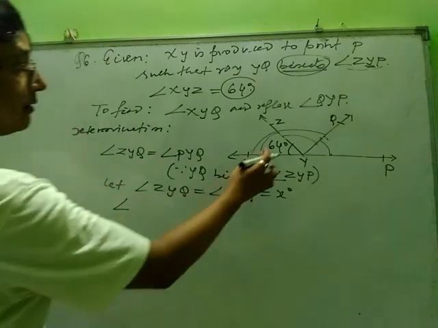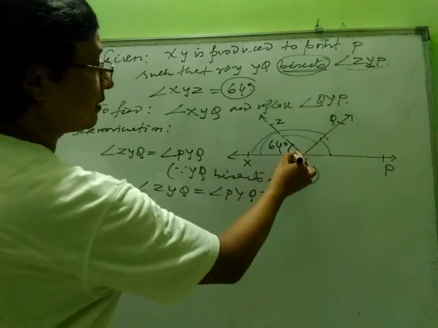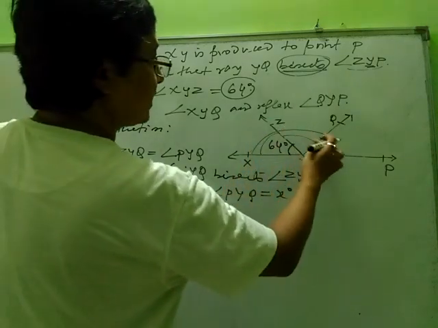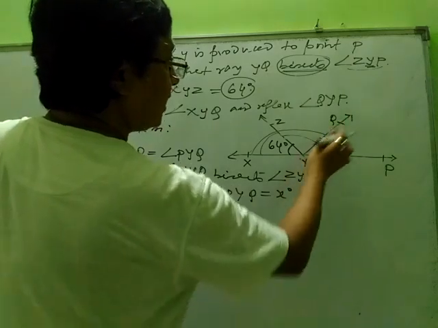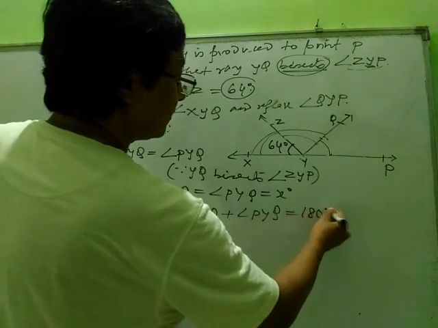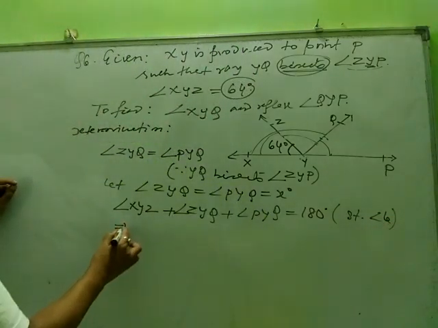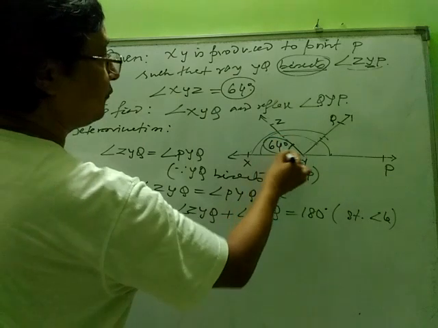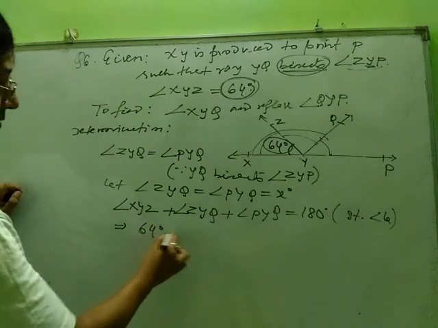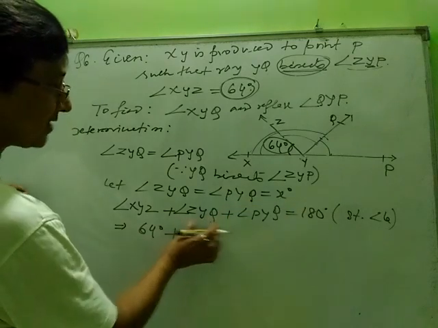Now angle XYZ plus angle ZYQ plus angle PYQ equals 180 degrees, as it is a straight angle. XYZ is 64 degrees, ZYQ is x and PYQ is x. So 64 plus x plus x equals 180. So 2x plus 64 equals 180. Taking 64 to the other side, the sign changes, so 2x equals 116.